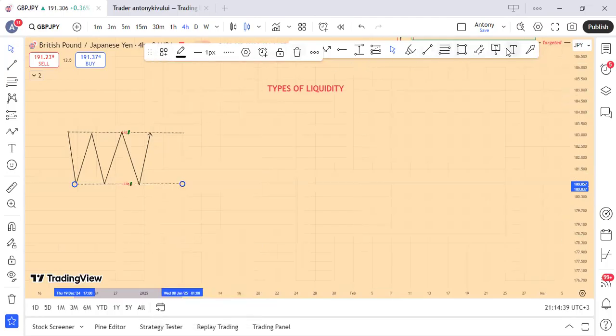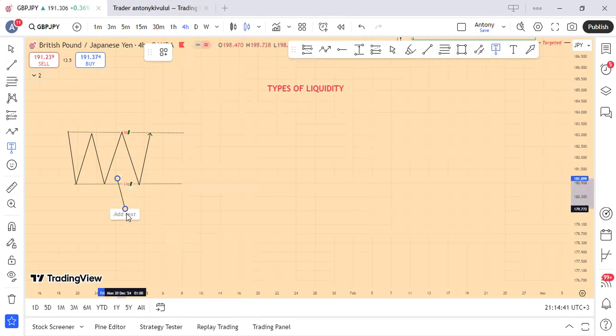This is what we call ranging liquidity. That means there is liquidity below and liquidity on top. This is when the market is in a consolidation.